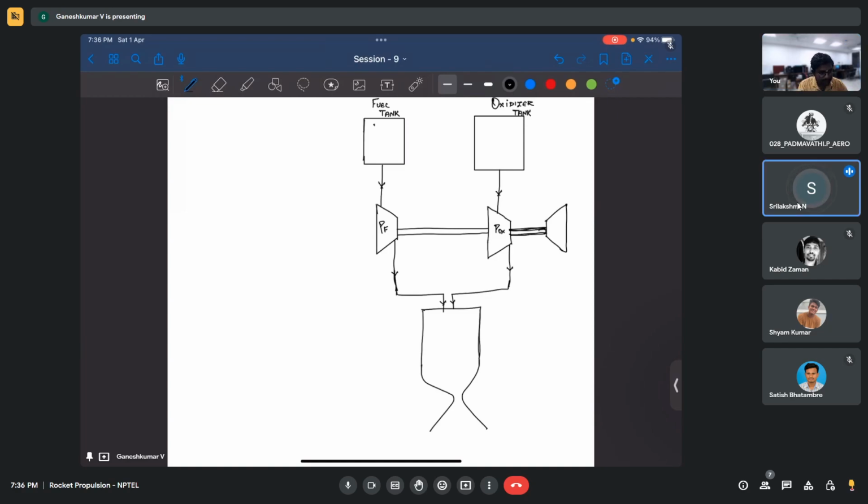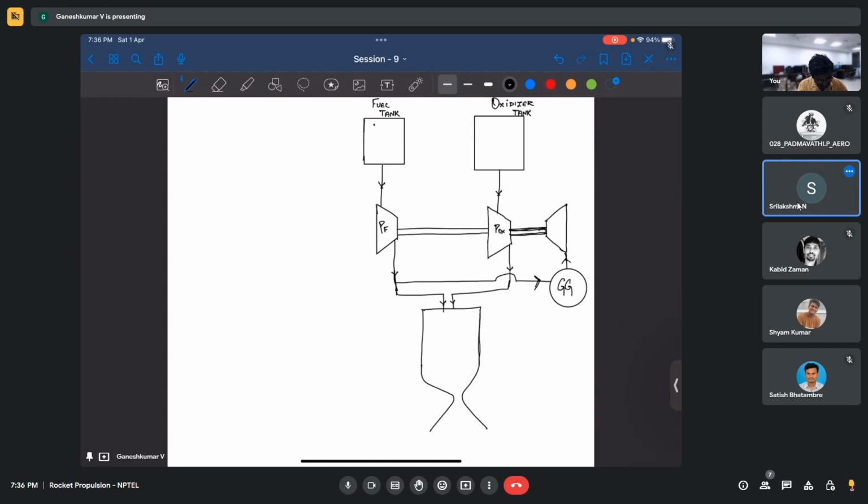I think a portion of the fuel is actually injected through a gas generator. Some portion of fuel is going to the gas generator. And what happens? The output of the gas generator basically powers the turbine.